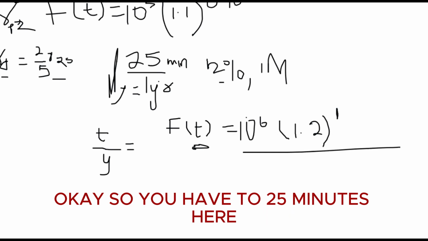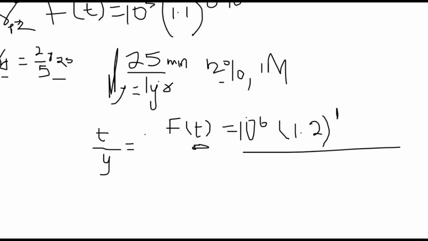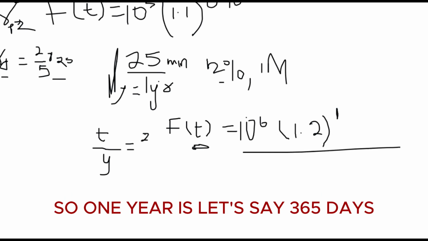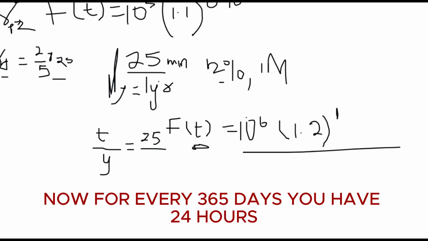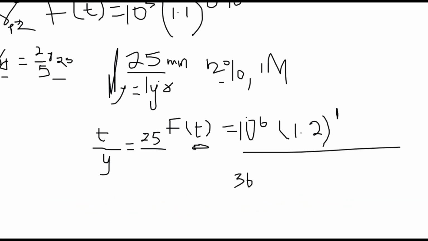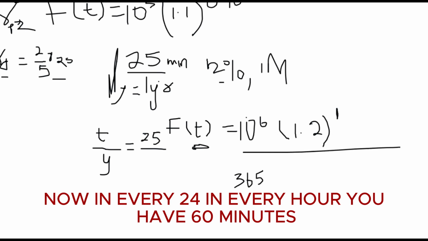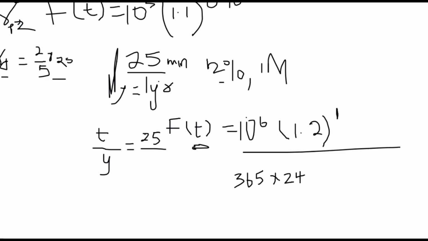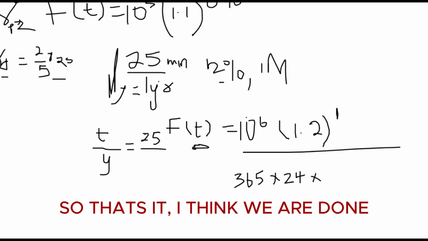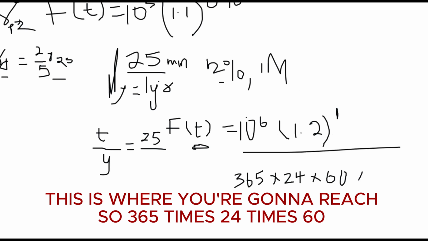So you have 25 minutes here. You have to convert the year to minutes. So 1 year is, let's say, 365 days. For every day you have 24 hours, so you multiply that by 24. In every hour, you have 60 minutes. So that's it, I think you're done. So 365 times 24 times 60.